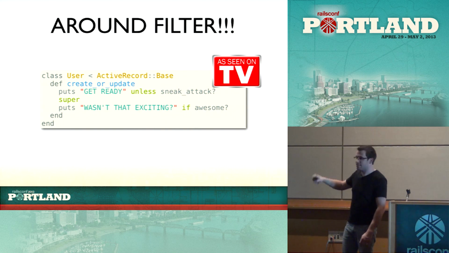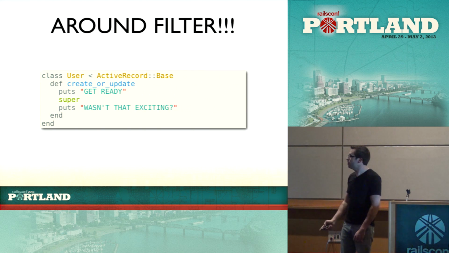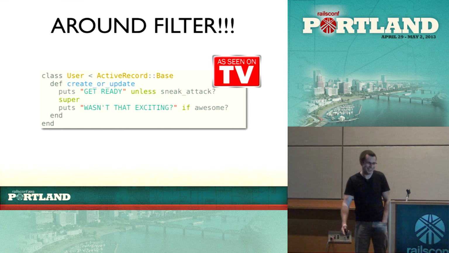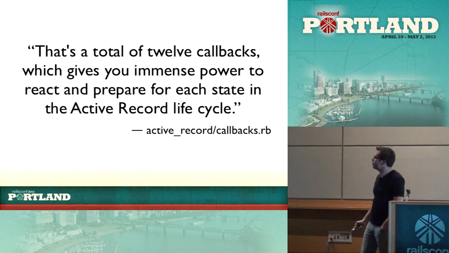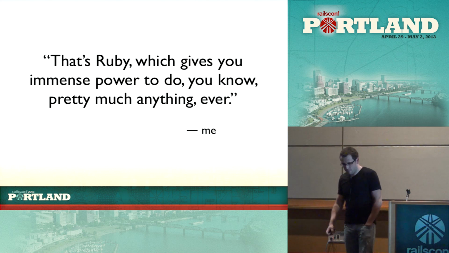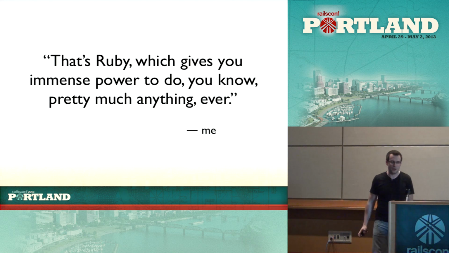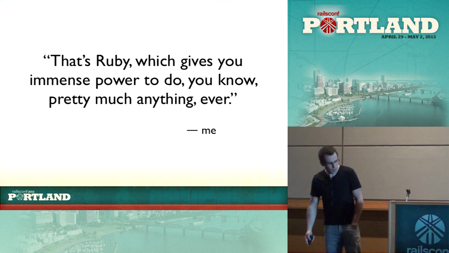We can also do unlesses and ifs, right? Because, again, it's Ruby. I'd like to rephrase this whole ActiveRecord callbacks documentation. My version of this would be: that's Ruby, which gives you immense power to do pretty much anything ever.